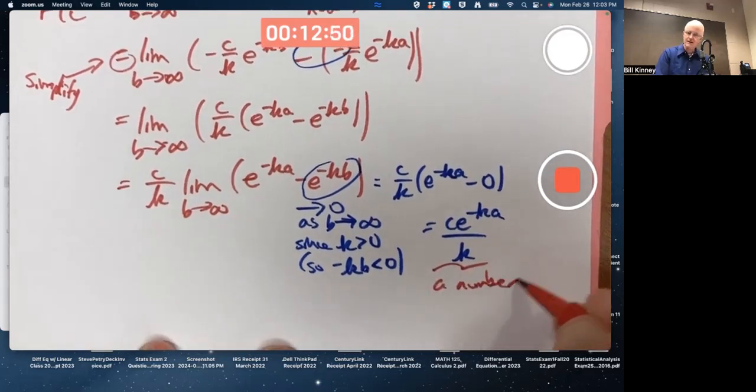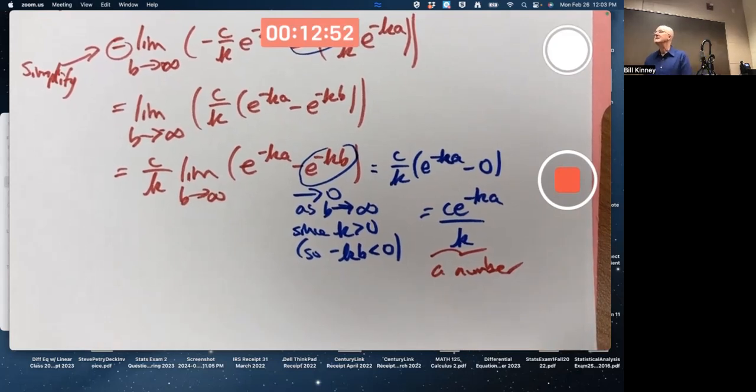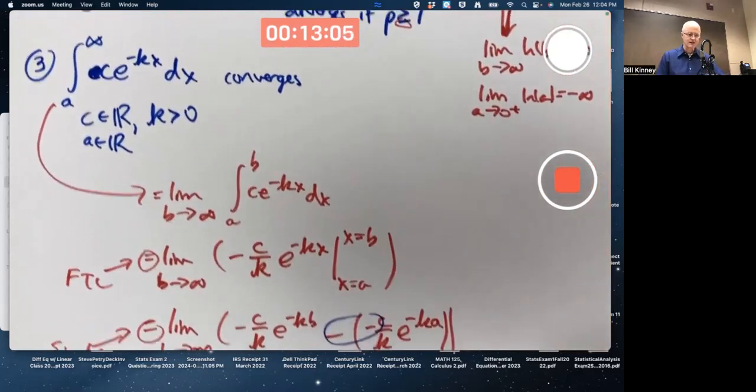It's not infinity. So this means the improper integral converges to that complicated looking number. This justifies the statement.